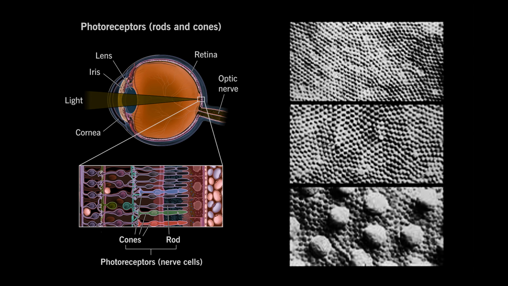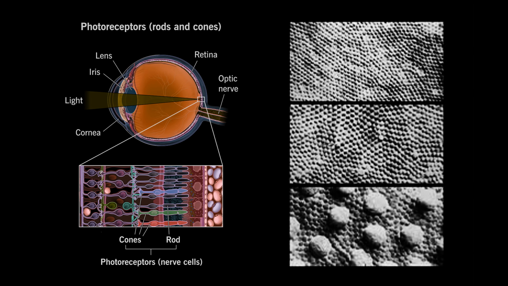Now, rods are highly sensitive to the light intensity, but not color. And so that's why you are able to see in the dark when your eyes get adjusted to it, because you have highly sensitive rods in your eyes.